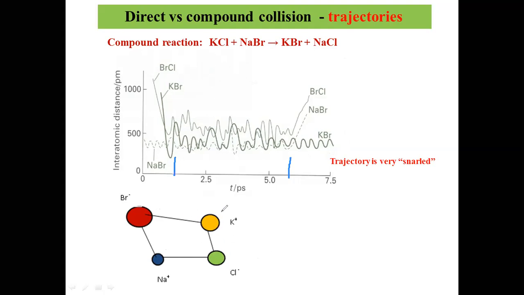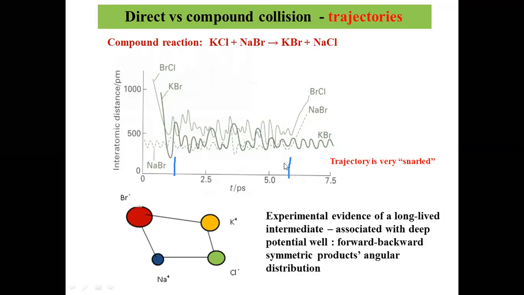So it forgets its initial orientation, and therefore we get the experimental evidence of this kind of reaction. What we get is a forward-backward symmetric product angular distribution, unlike the previous one, and it's associated with the potential well, right?